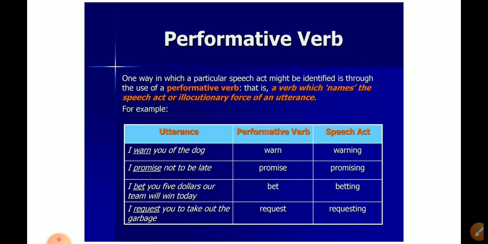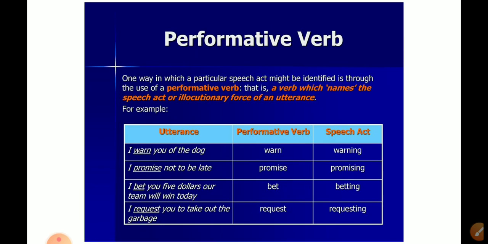So, this was it. Now, performative verbs. One way in which a particular speech act might be identified is through the use of performative verbs. That is, a verb which names the speech act or illocutionary force of an utterance. Yesterday we saw this. I warn, I promise, I bet, I request, etc. So these are performative verbs.